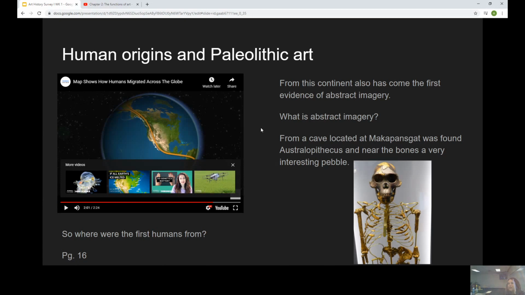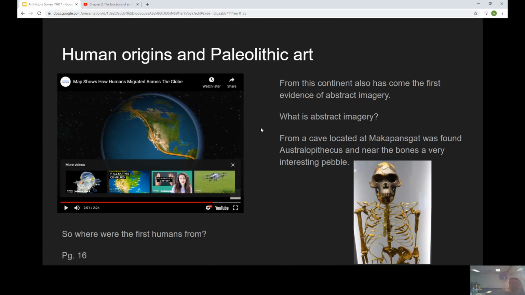So a good chunk of early art is abstract, and a good chunk of what we learn about these people is from abstract imagery. What is abstract imagery? Any guesses? So let me give you two examples.